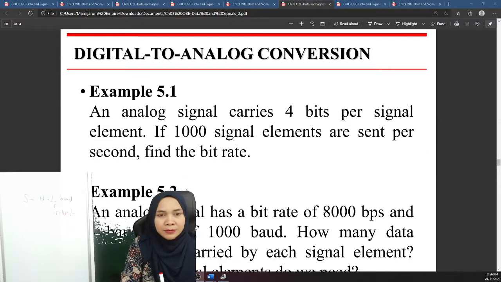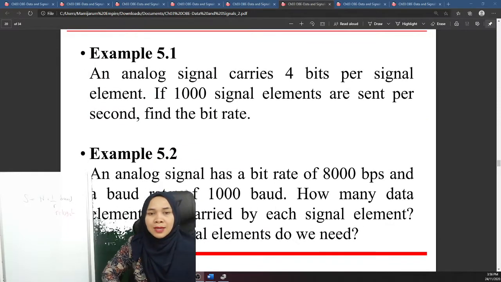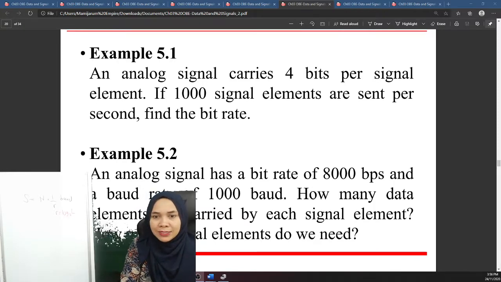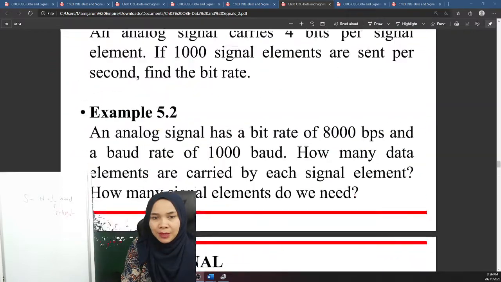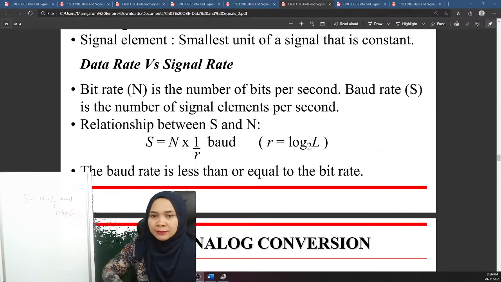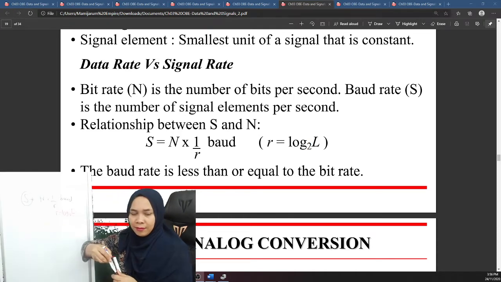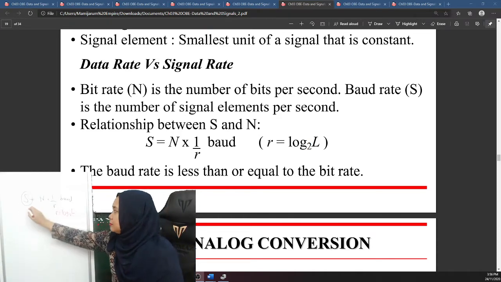This example, analog signal carry 4 bit per signal element. If 1000 signal elements are sent per second, find the bit rate. Okay. So now, S adalah baud rate.